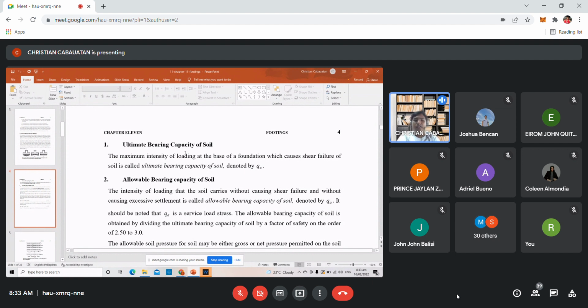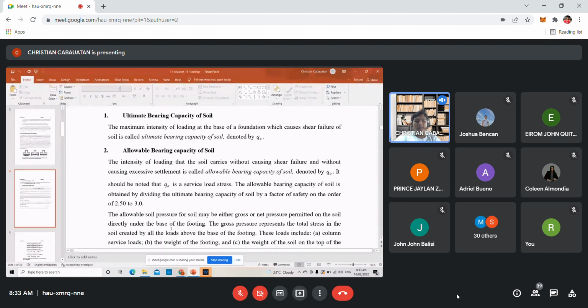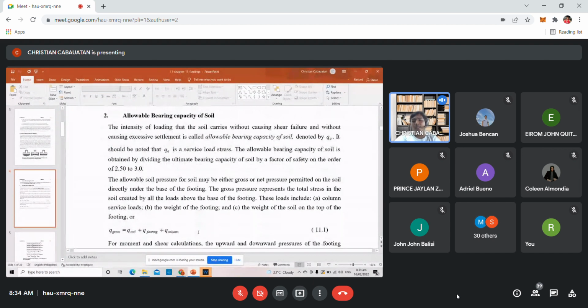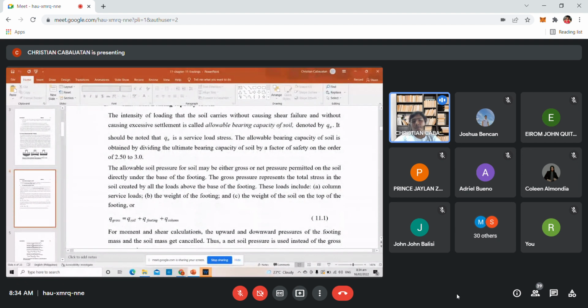Okay? So the allowable soil pressure for soil may be either gross or net pressure permitted on the soil directly under the base of your footing. The gross pressure represents the total stress in the soil created by the load above the base of your footing. So these loads would include the column service loads, the weight of your footing, and also the weight of the soil on top of your footing.